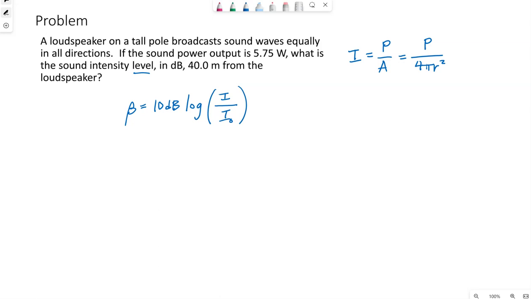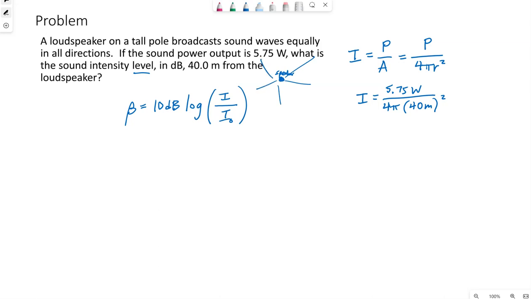All right, so our intensity is going to be this power divided by 4 pi R squared, where R is 40 meters. To reason that out, the source is the speaker itself.